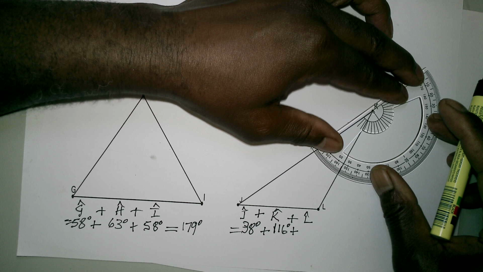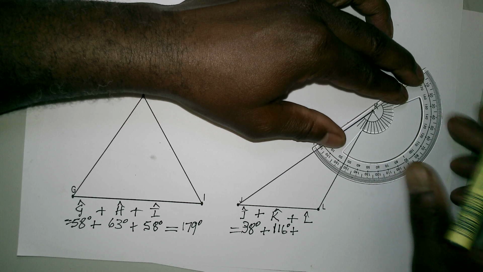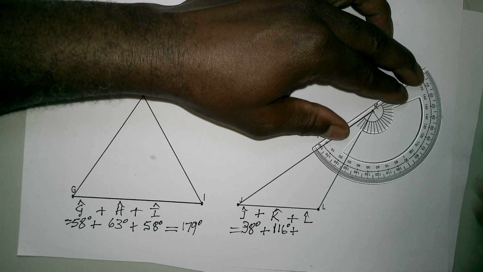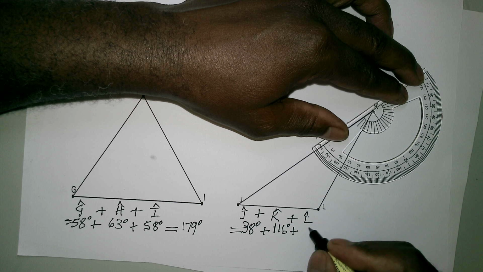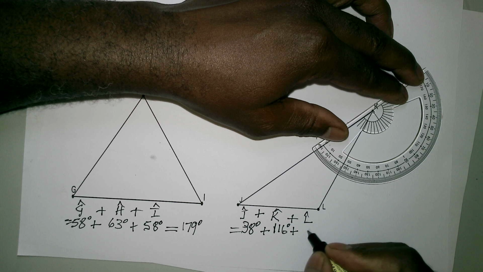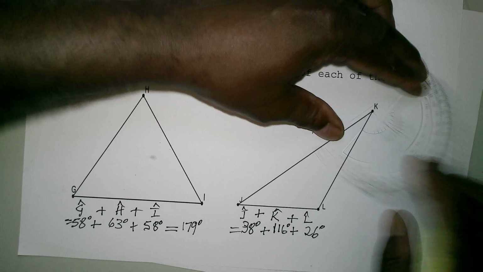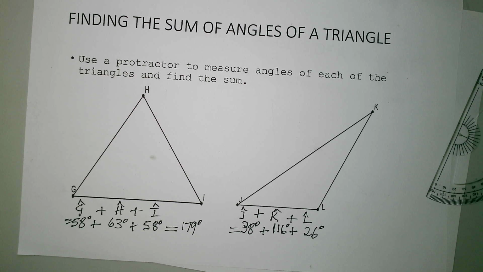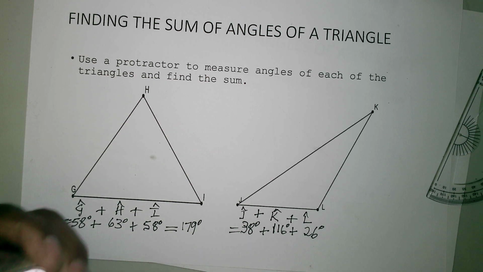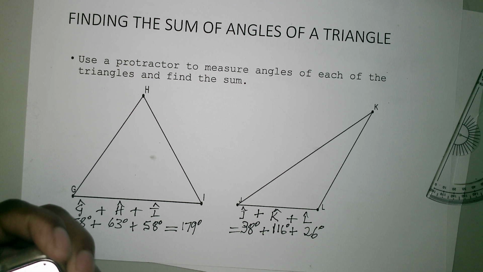Now we go to the calculator. The calculator will tell us 38, 116, 26 is 180. This one at least is now 180. Now we'll proceed to the next one.